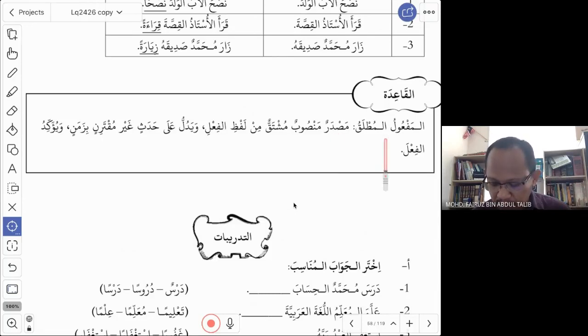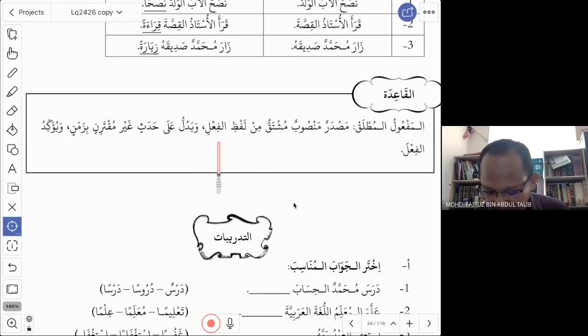So maf'ul mutlaq is basically you use a masdar, a verbal noun, and then it is in the state of mansub. It is always in the state of mansub. So as you have learned previously, when a word is in the state of mansub, you will end the word with a fathah. And then here, mushtaqun min lafzil fi'li.